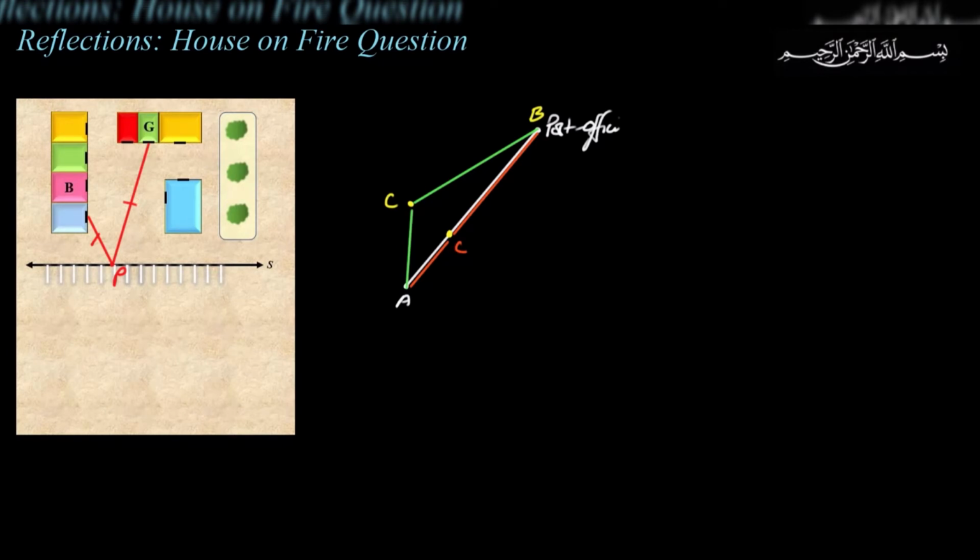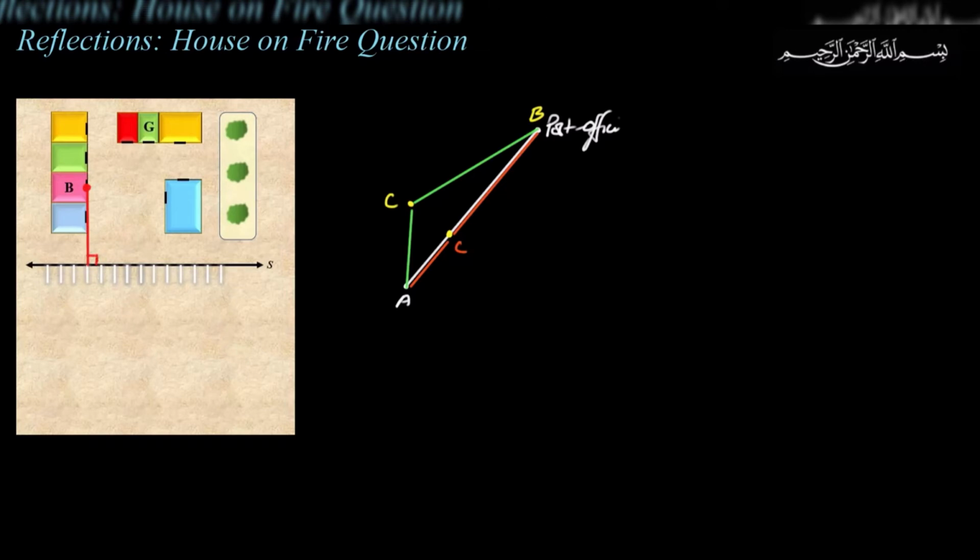The way we go about solving that problem is like this. You reflect this point B over here across this line S. You draw a perpendicular, because you measure distances from a point to a line by their perpendicular distance. So you draw a perpendicular over here, right?